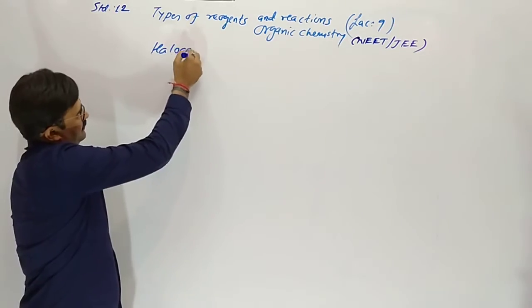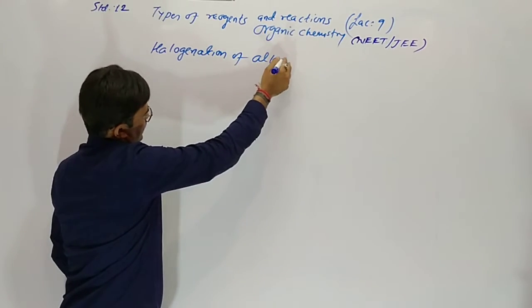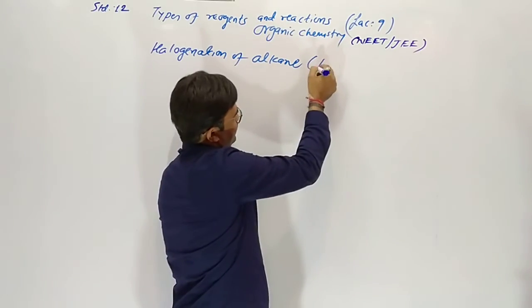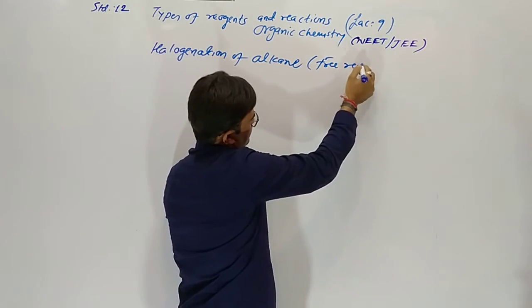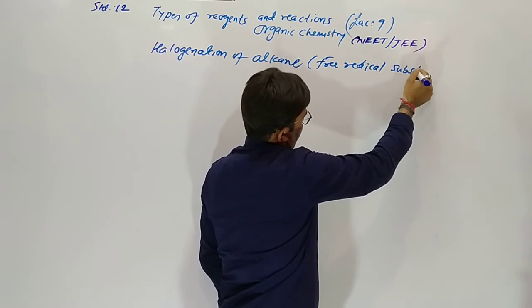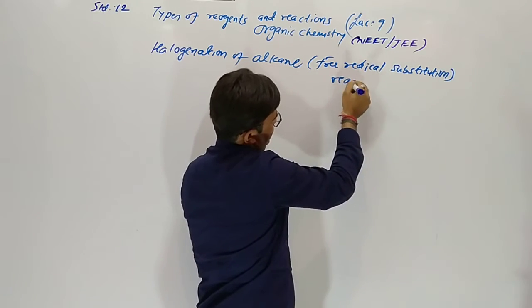Halogenation of alkane by free radical substitution reaction.